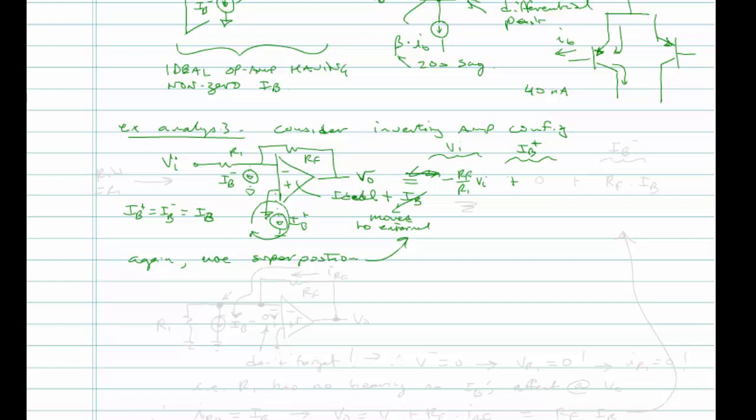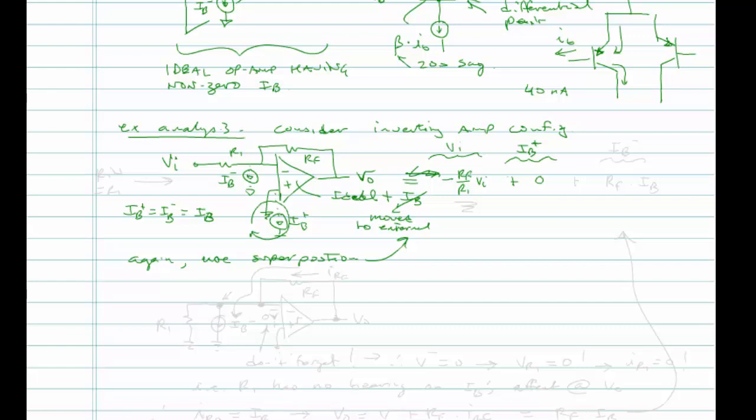So there is no current going into my non-inverting input. So for IB plus, the only place that current can flow is from the ground. There is zero contribution to the output, because that current IB plus at my non-inverting input does not produce any voltage change at V plus. And it certainly doesn't do anything over at V minus, because the current doesn't ever get over there.